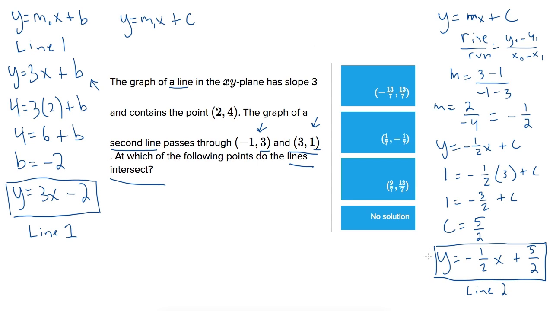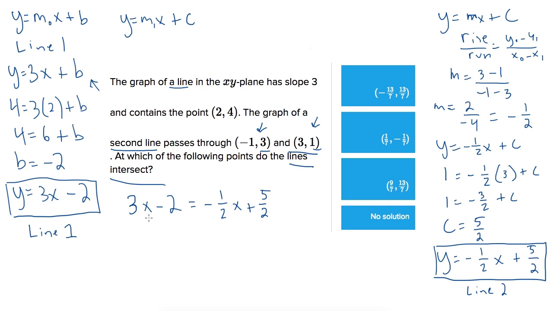So now we need to solve by setting these equations equal to each other. We know that we're looking for where they intersect, so we can set 3x minus 2 equal to -1/2 x plus 5/2. Well, let's pull our x's together.